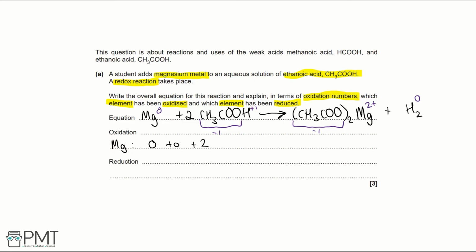Then we need to look at reduction. So this is where you gain electrons and your oxidation number decreases. So that's going to be hydrogen. And that's because hydrogen's oxidation number is going from +1 to 0. So to get the 3 marks for this question, you get a mark for your equation, and you get a mark for the correct element being oxidized and the correct element being reduced.